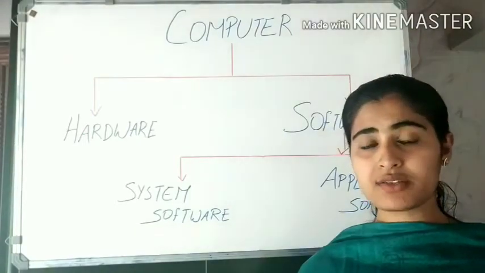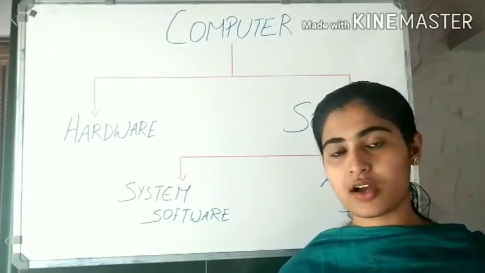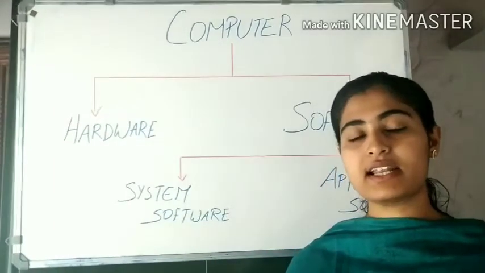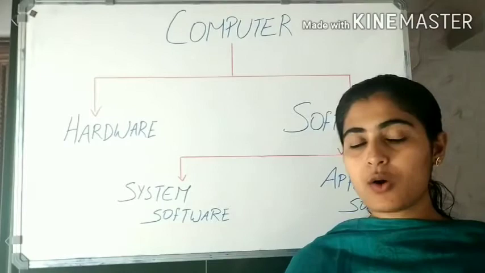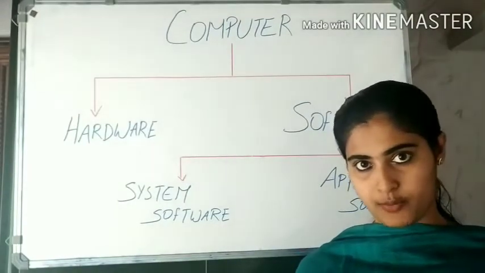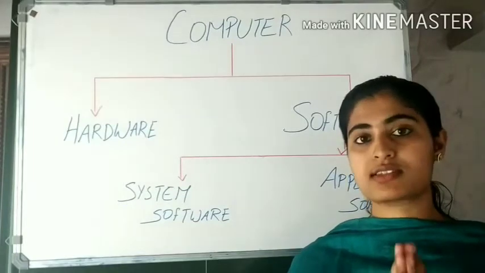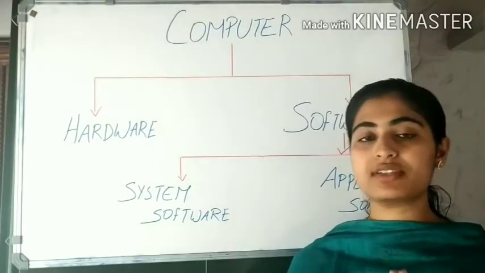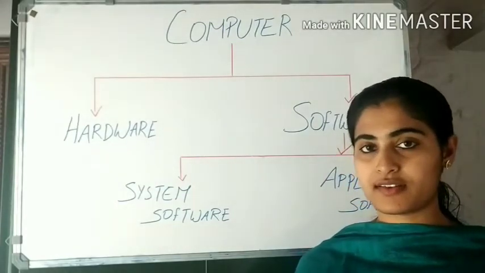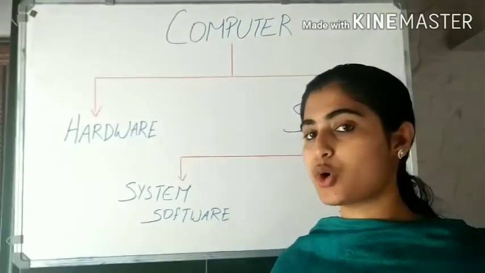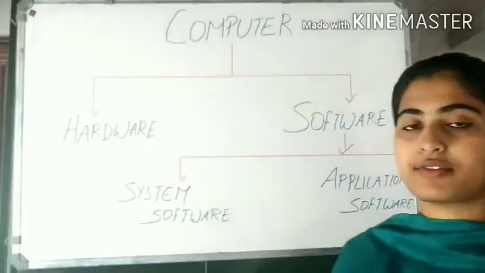And we know that without our brain functioning, our body cannot do anything. Similarly, inside a computer, without a system software, a computer cannot function properly. Okay, so system software is the one that manages all operations inside a computer. For example, our brain.